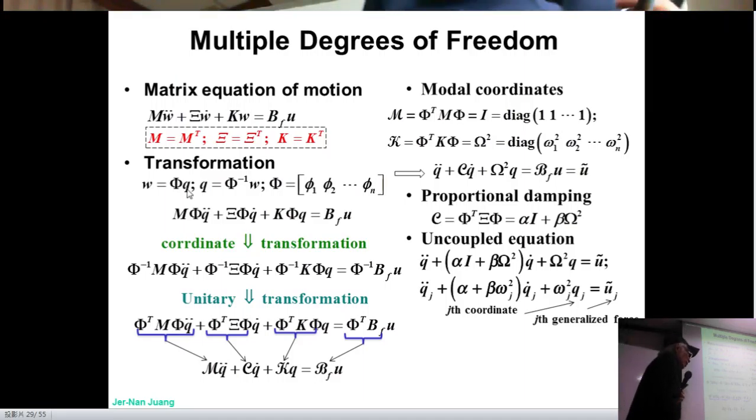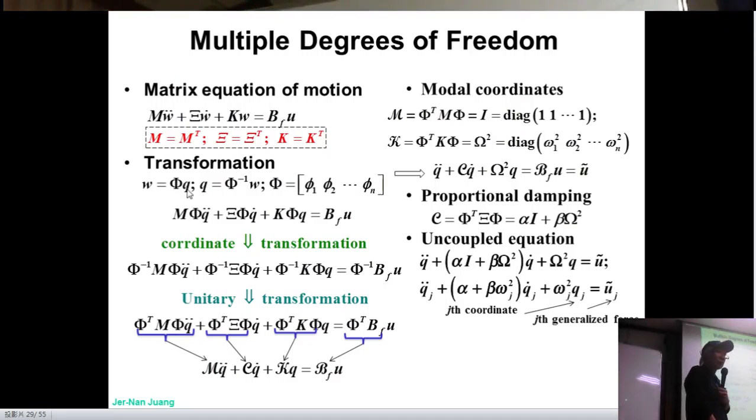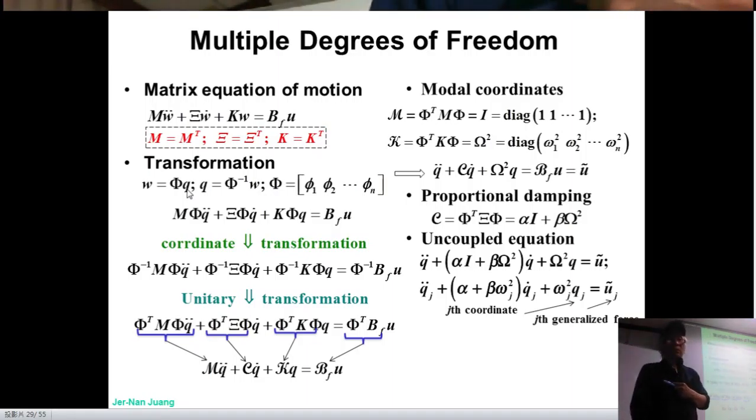For example, I think most of you know Cartesian coordinates, right? You have heard about Cartesian coordinates X, Y, Z, and polar coordinates. We transform from the Cartesian coordinate to the polar coordinate. That is the kind of transformation we are talking about.